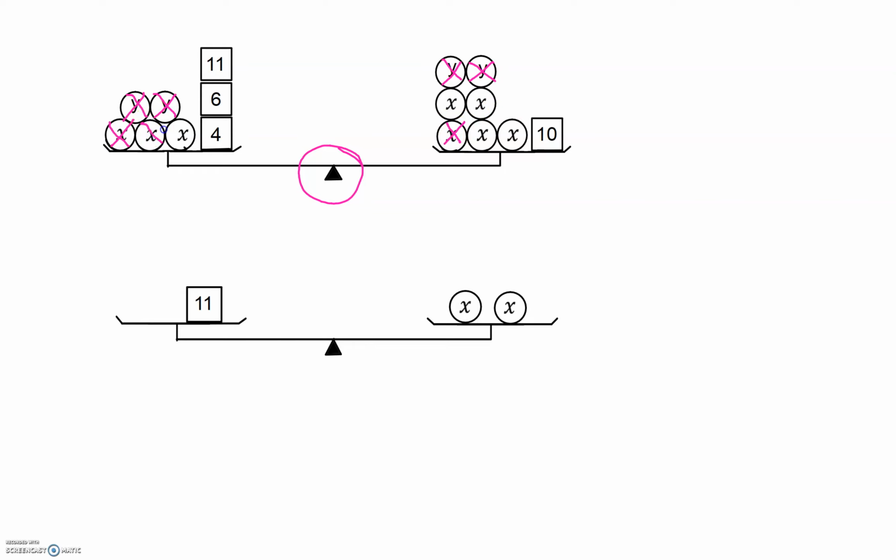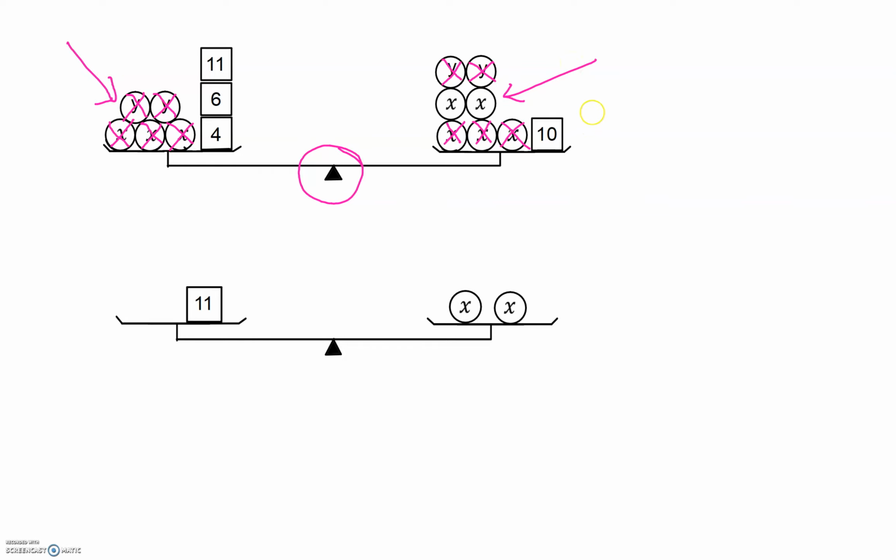I'm going to take away a second x from the left and a second x from the right, and a third x from the left and a third x from the right. I'm still left with some x's on the right-hand side, but I can't take those away because I don't have any x's left on the left-hand side, and I must only take away what is on both.